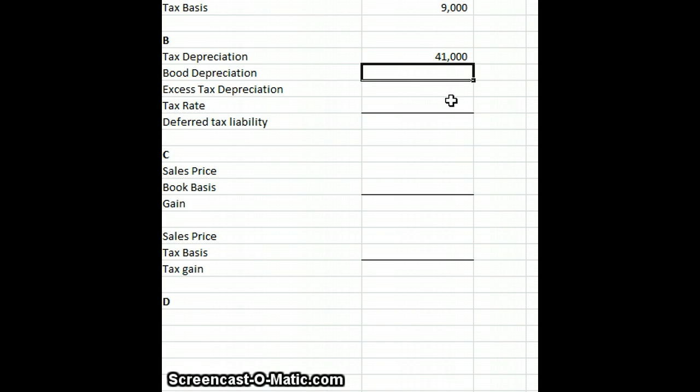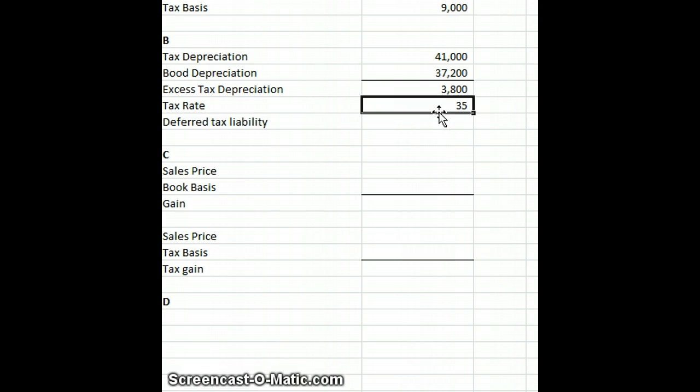Our book depreciation is $37,200. So we've taken more depreciation expense than what we have under the books by $3,800. Okay, so $3,800, we've had more deductions there, so that's going to be a favorable difference.